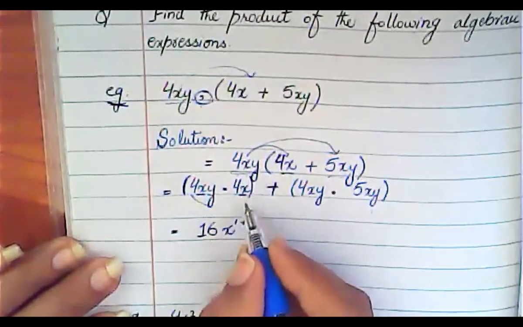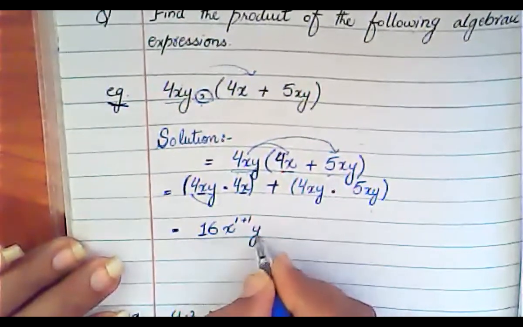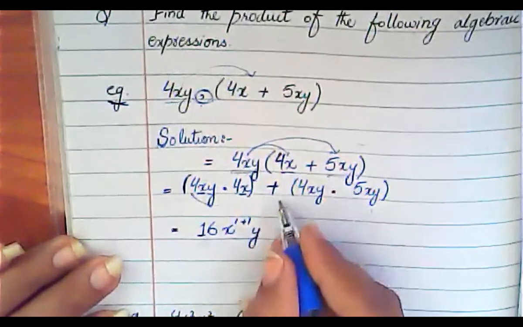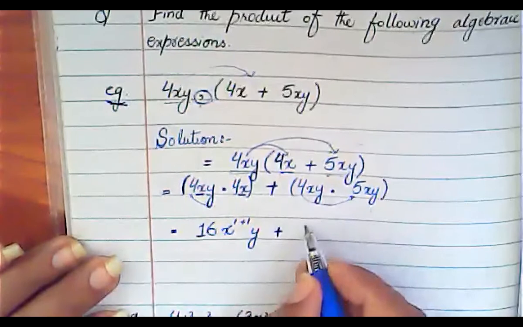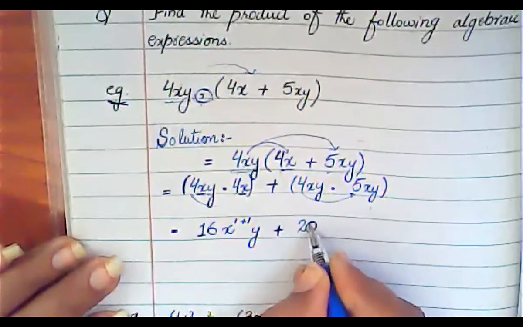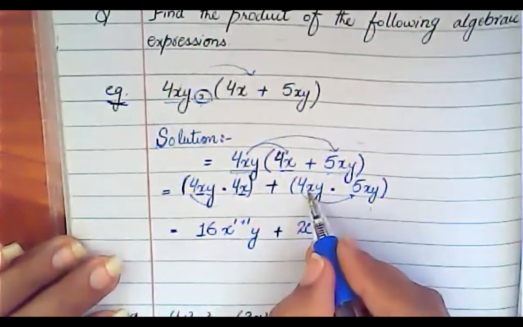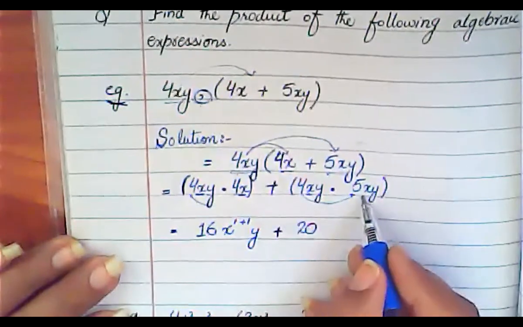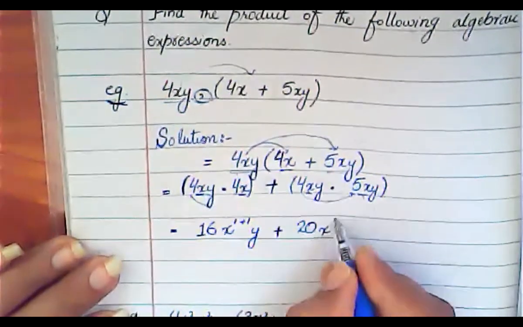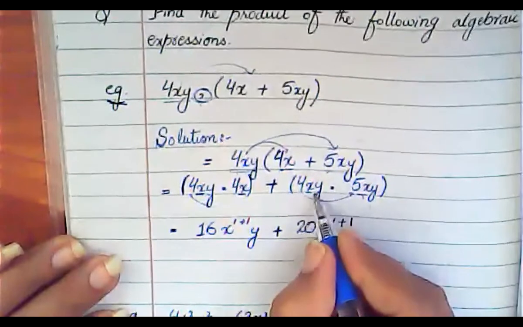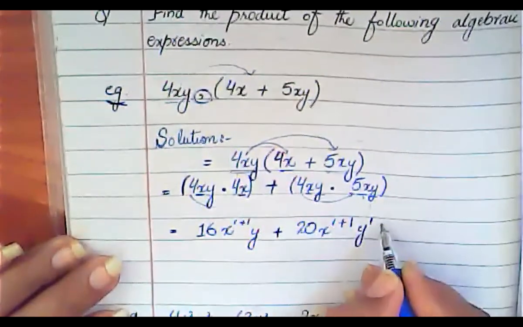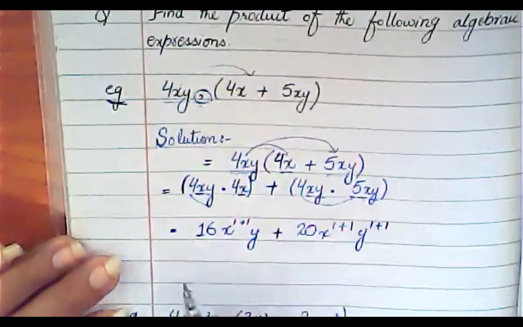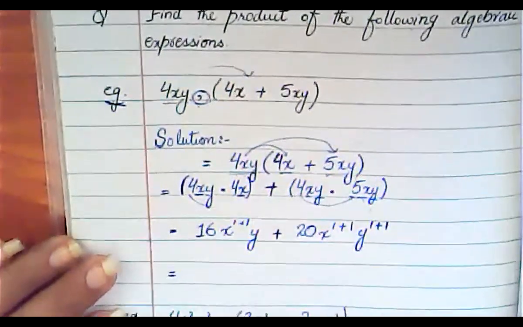Here you have only one y, so you will copy it as it is, which is y. Then the sign of addition, then again coefficient with coefficient. So 4 multiplied by 5 will be 20, and the same variable x and x, so you will write x to the power 1 plus 1. Then you have y, so you will write y only one time, and then 1 plus 1, and at the end you will add their powers.